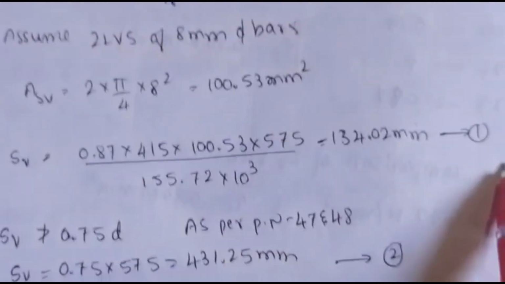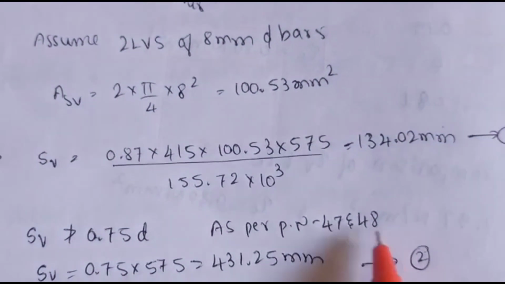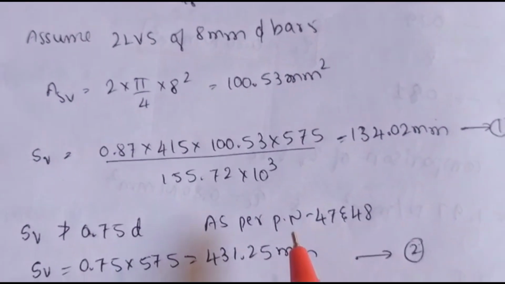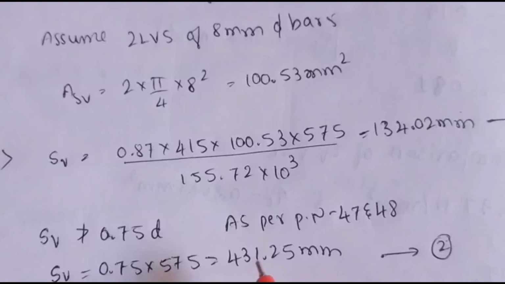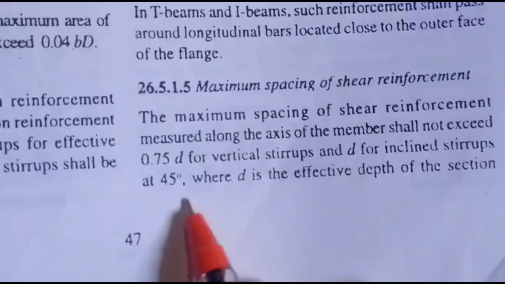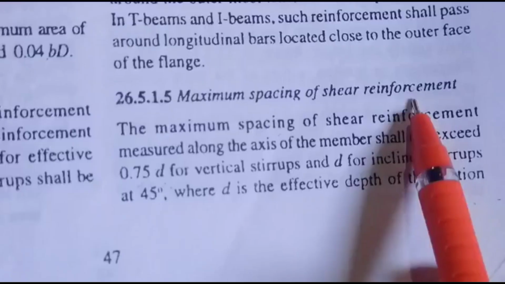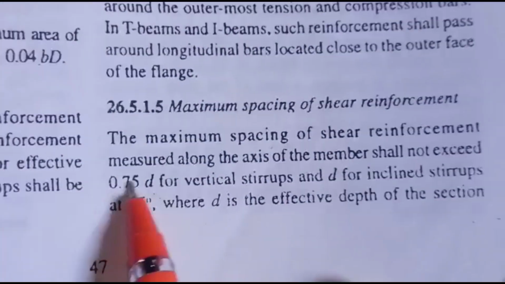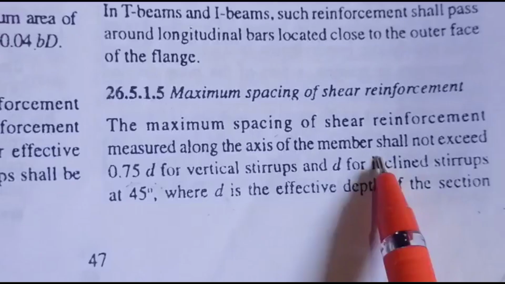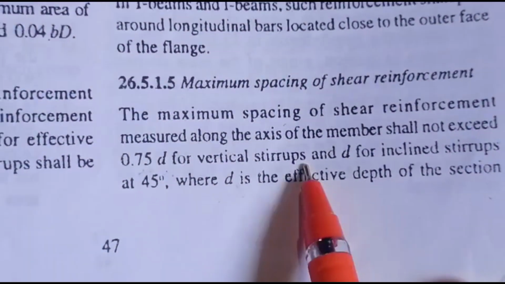So now, refer page number 47 and 48. There is one more criterion. We'll see what it says. This is page number 47. Maximum spacing of shear reinforcement: the maximum spacing of shear reinforcement measured along the axis of the member shall not exceed 0.75 d for vertical stirrups, and d for inclined stirrups at 45 degree angle, where d is the effective depth of the section.